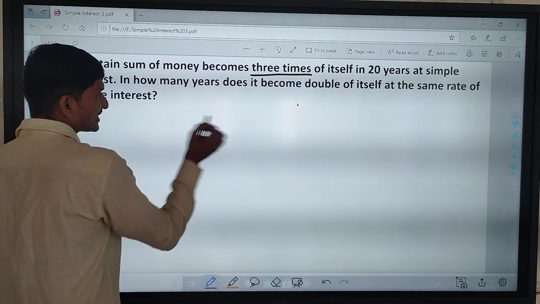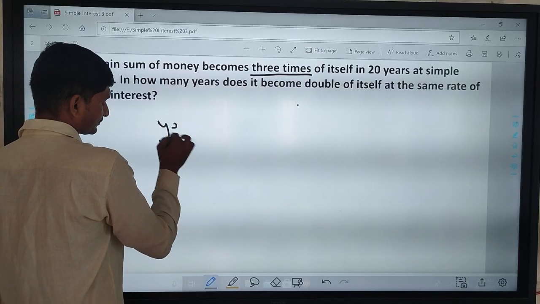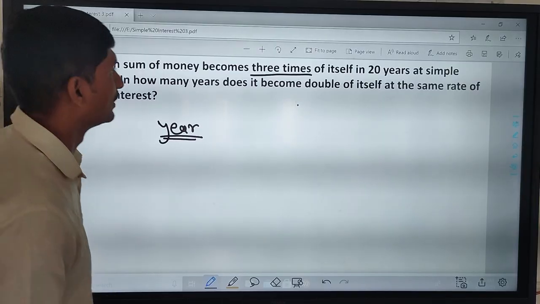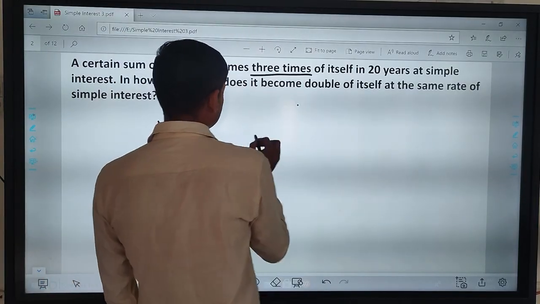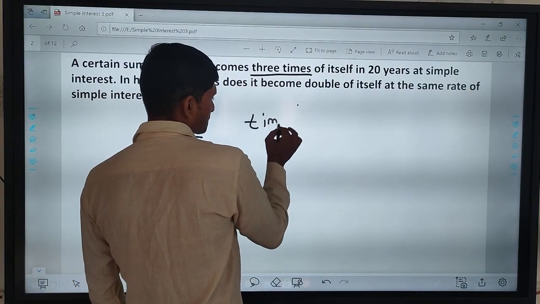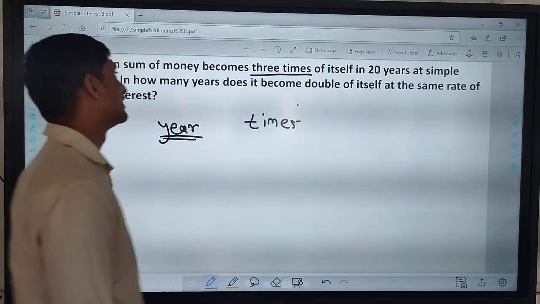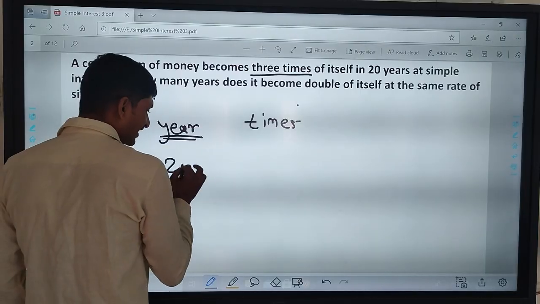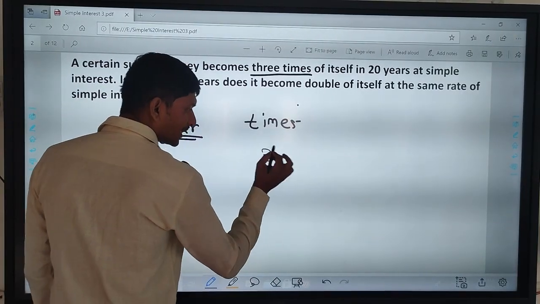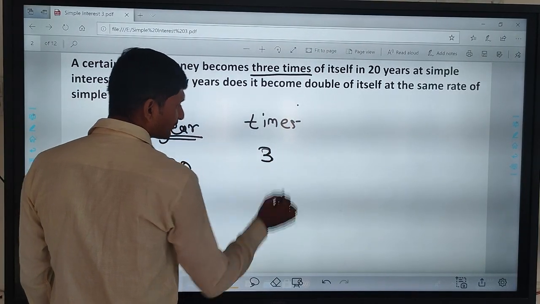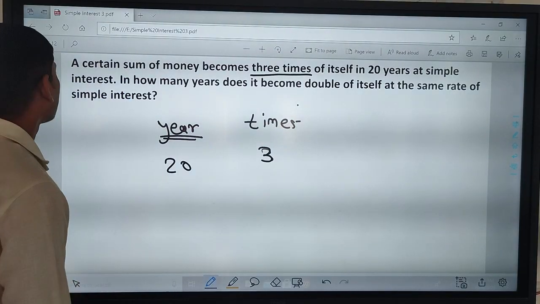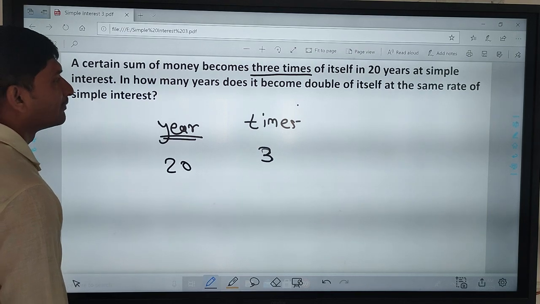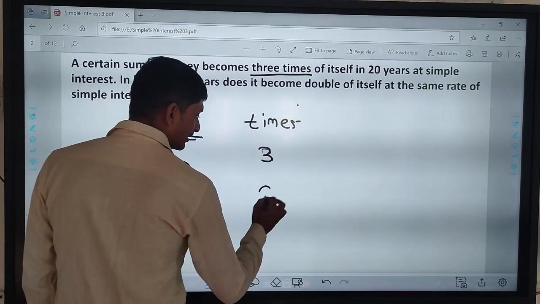Here we write years and times. Simple interest becomes 3 times in 20 years. Now, in how many years does it become double itself?